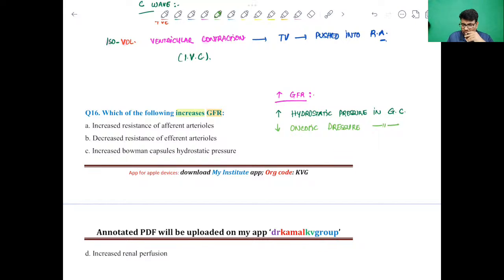Clear? So if you find these 2 conditions, you can say with confidence that yes, GFR will increase.